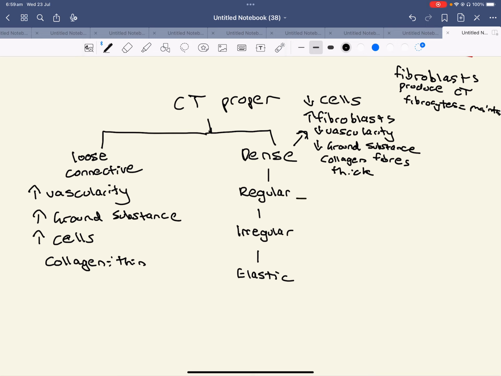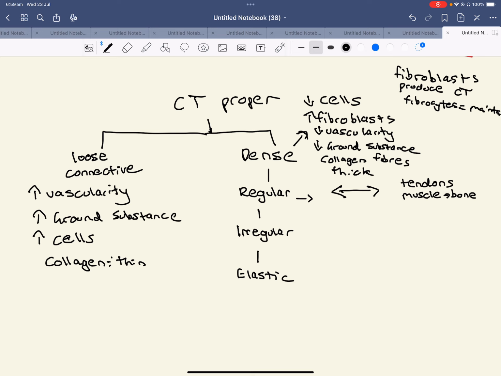Let's break it down now. Dense is broken down into 3. Regular is tensile strength in one direction. I want you to remember that. That's its benefit. Think about it. Where do I want that? Tendons. Tendons are muscle to bone. Right? And they need to be stretched.